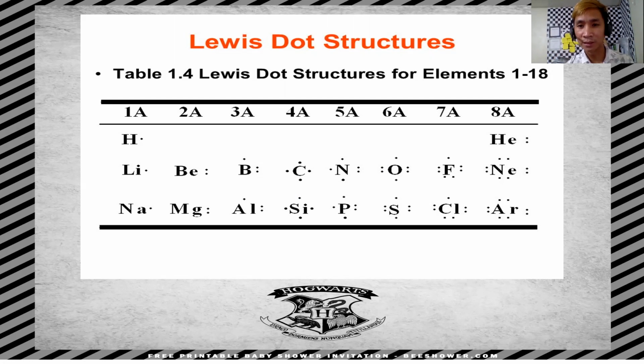The noble gases are completely filled up with 8 electrons, meaning they are stable. That's why they are not highly reactive elements. Unlike the other elements, which have valence electrons that are not completely 8, they are the highly reactive elements.